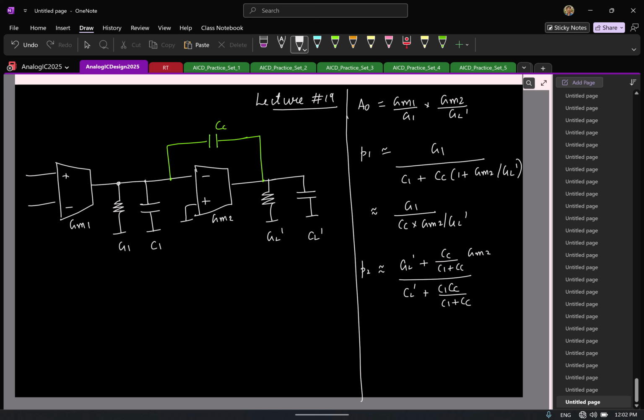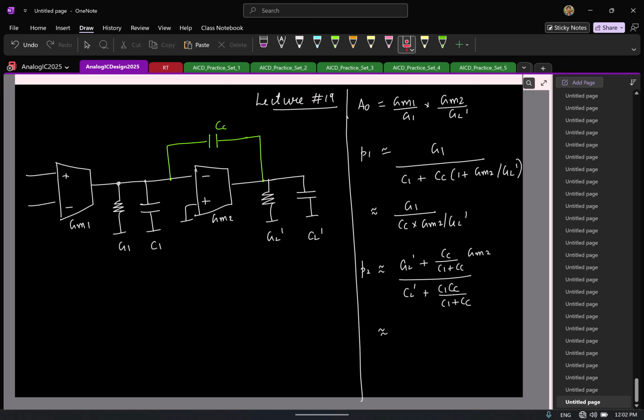For all practical purposes, how can I approximate the numerator? Let's assume C1 is much smaller than Cc. So this becomes GM2. Now I have GM2 and GL prime. How can I approximate it? I have GL dash and GM2. Which will be greater?